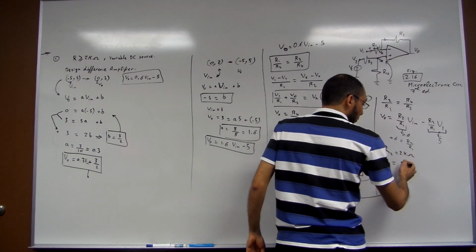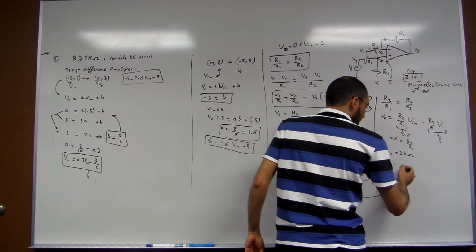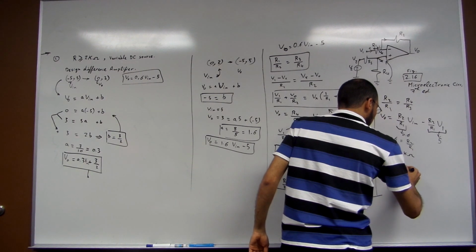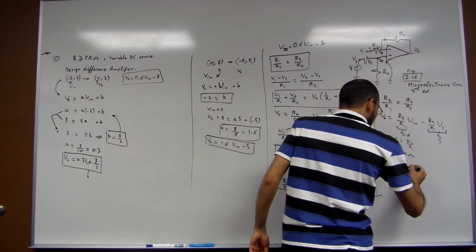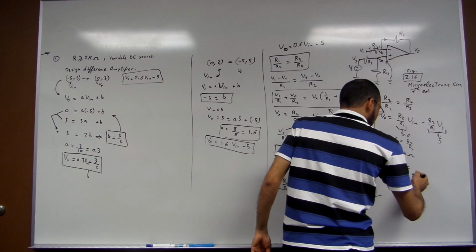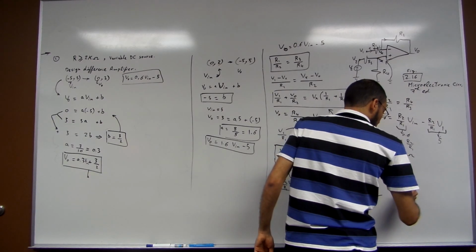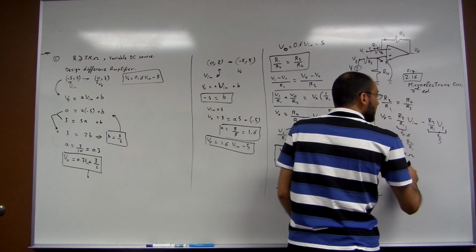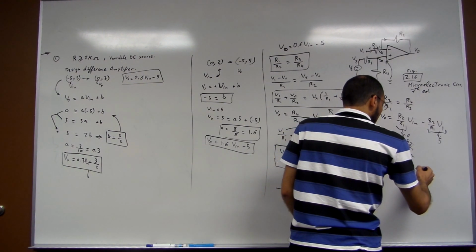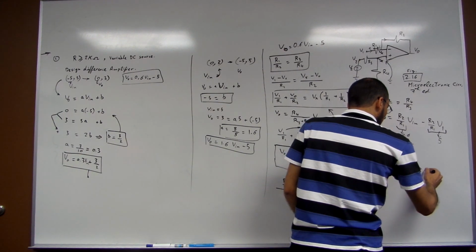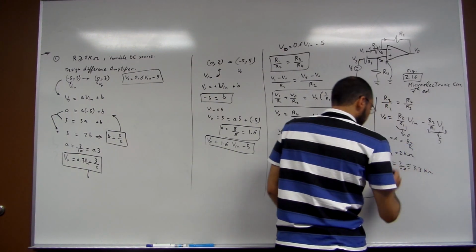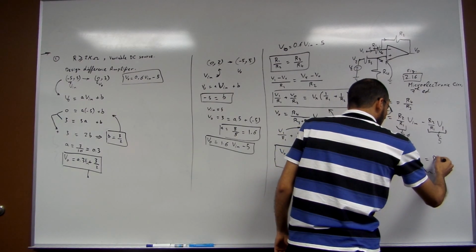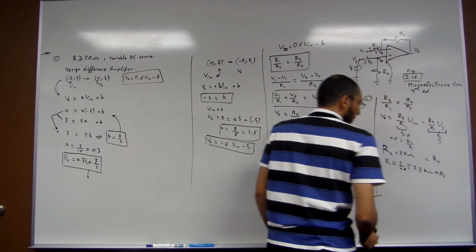So R2 equals 2 kilo ohms, which means that R1 equals 2 over 0.6. You can do the math: 20 over 6, which is 10 over 3, roughly 3.3 kilo ohms. This is equal to R3, and this is equal to R4, by assumption.